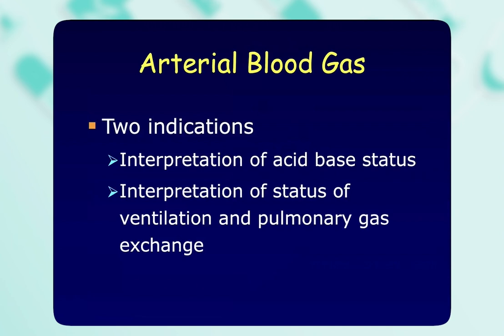Indications: mainly, you want to interpret the acid-base status, whether it is respiratory or metabolic. The second most common use is to know the ventilation and perfusion of the lung and pulmonary gas exchange in hypoxic patients or hypercapnic respiratory failure. These two indications are very commonly used.